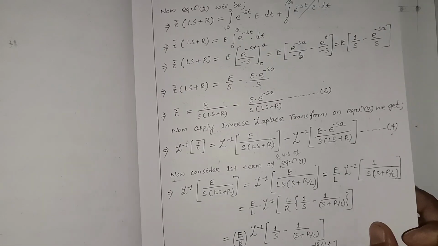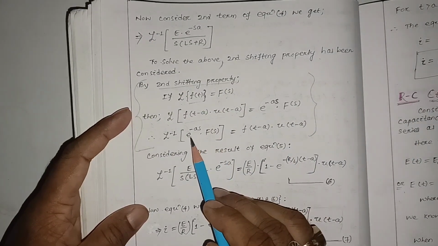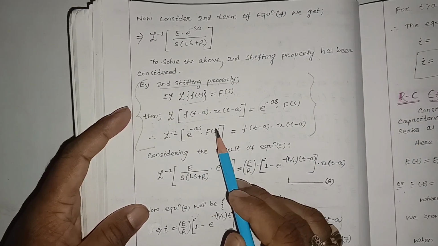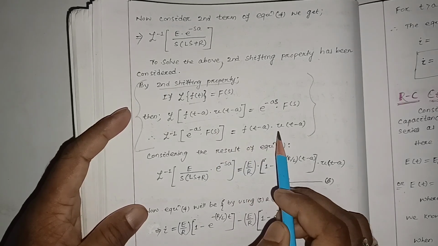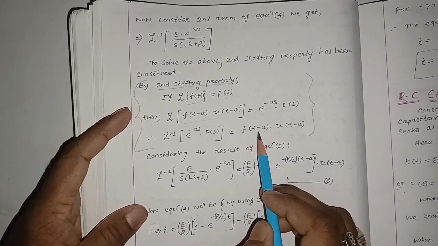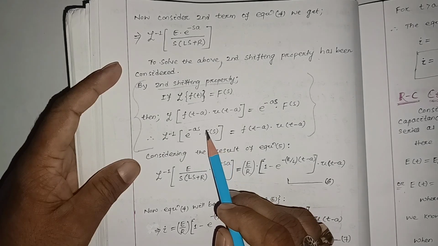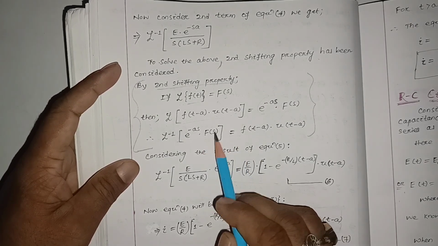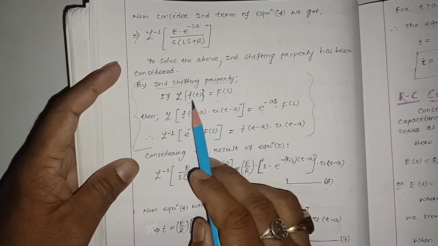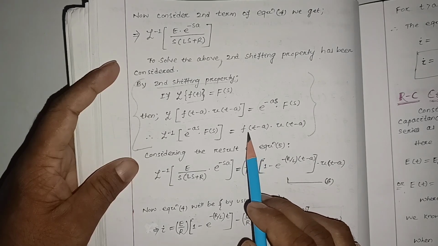So if you compare this one with this one, that means F of s into e to the minus as. So what will the answer be? The answer will be f of t minus a into u of t minus a. So f of t minus a comes from the inverse Laplace transform of F of s, and the inverse Laplace transform of F of s will be f of t, which we already got, and there we have to consider f of t instead of t minus a.